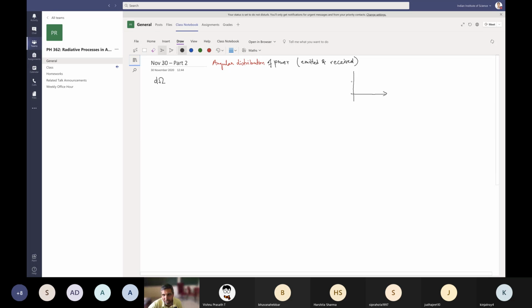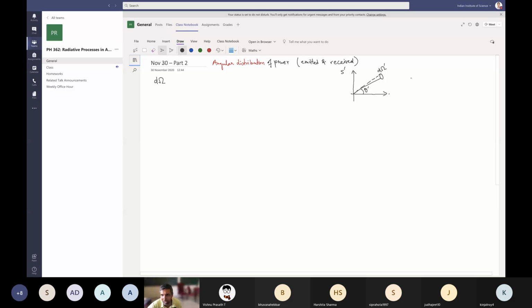This is frame S prime, right? So now you have some angle theta prime, and you are actually considering these photons which are distributed in this small solid angle d omega prime, and this is the direction of the velocity.